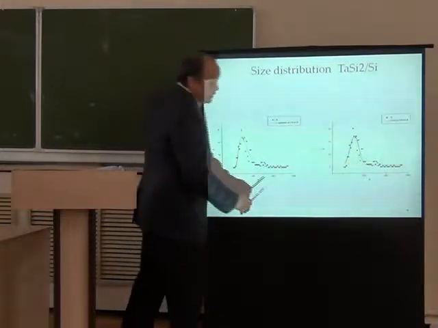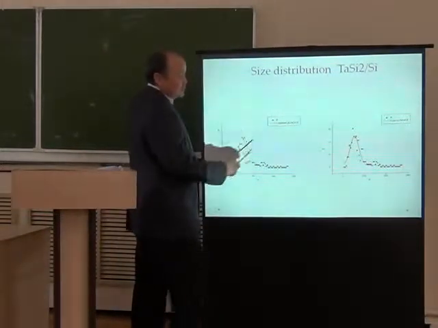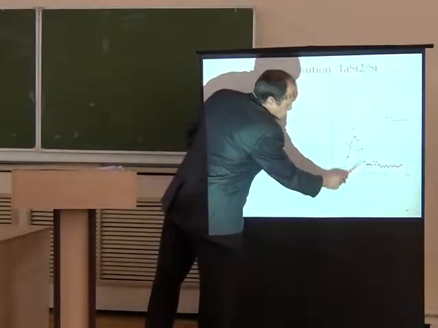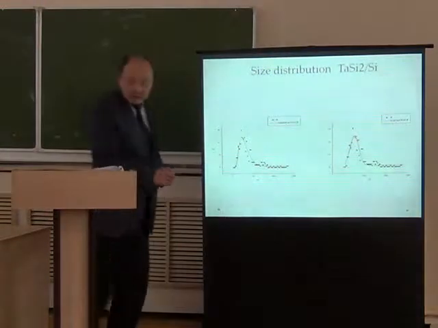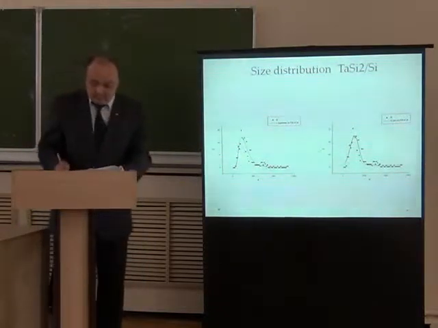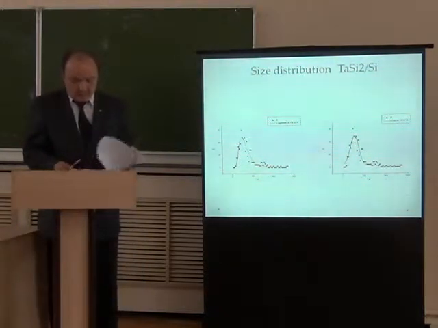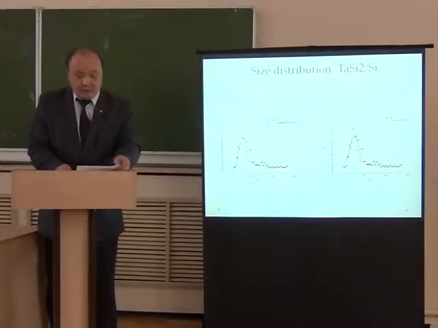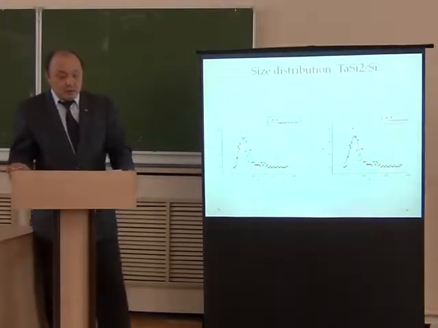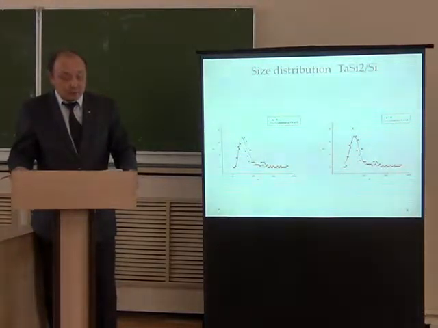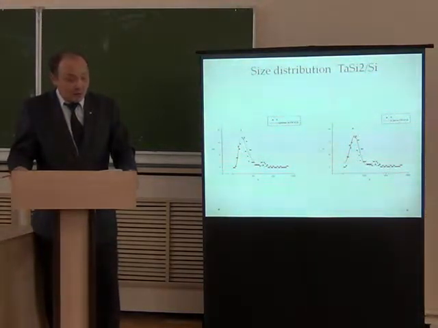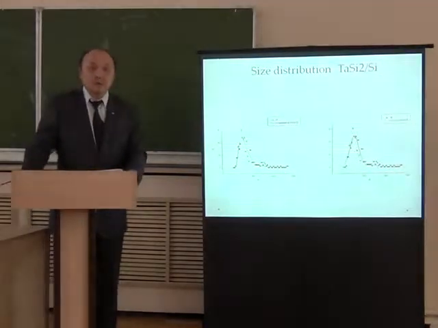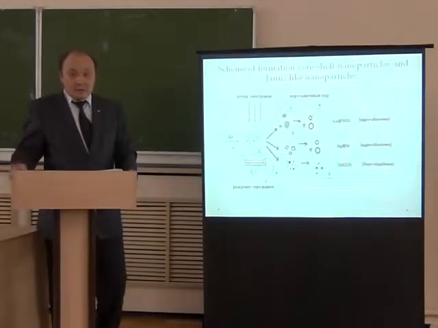And on the right part of this slide, we can see a Gauss plot. The function of particle size distribution corresponds well to a log normal law as well as a Gauss. Do you understand?